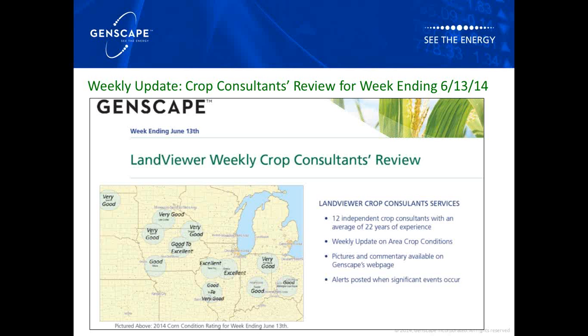And we asked the crop consultants to write a paragraph about what conditions look like in their area, to give an estimate on the corn rating, similar to what USDA puts out every Monday afternoon, include pictures, and alert us if there's anything significant happening in their area.